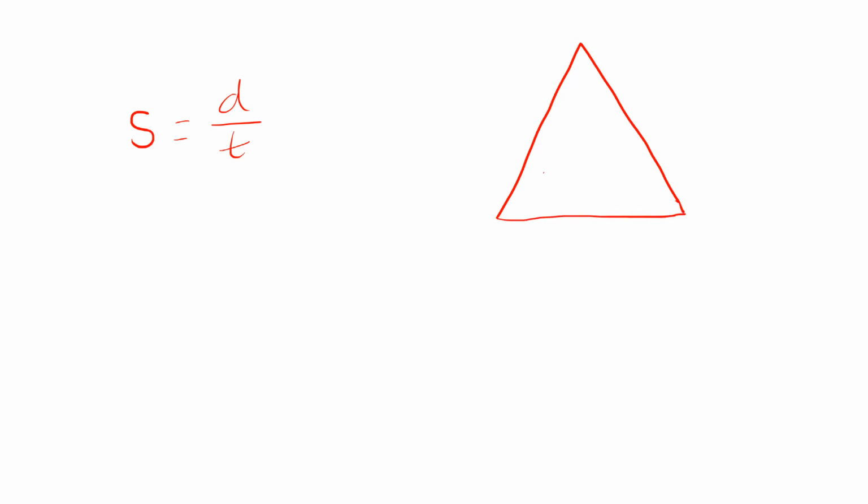We need to be able to also work out distance and time. So if we write down that speed equals distance divided by time, we can rearrange this formula. An easy way to rearrange it is to write it in a formula triangle. So we would have speed is equal to distance divided by time, and then in between speed and time you have multiply.